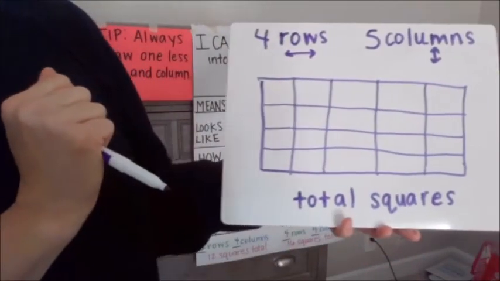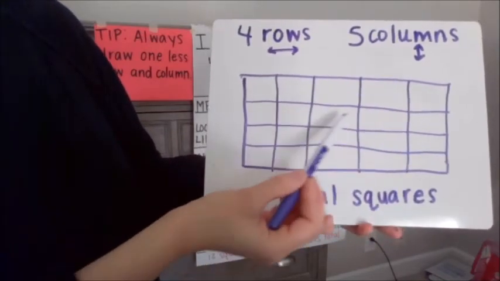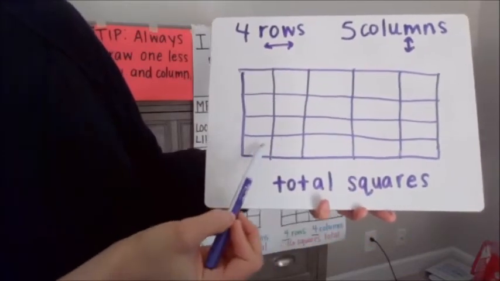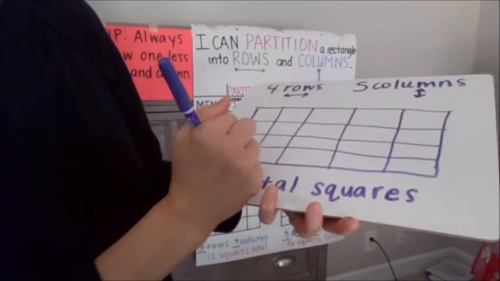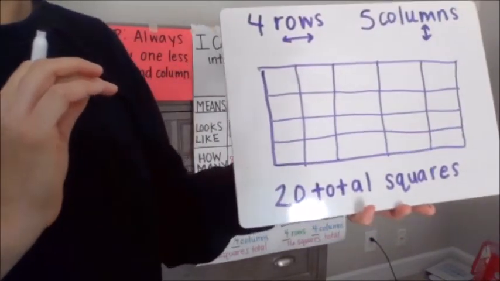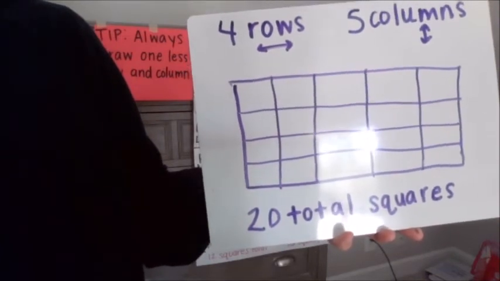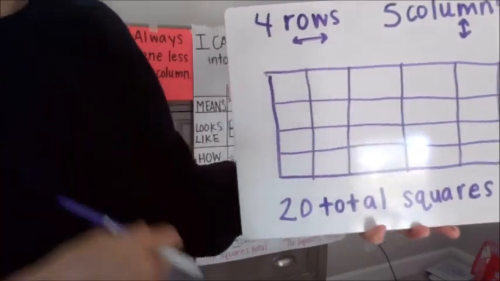Now we need to count up our total squares. 1, 2, 3, 4, 5, 6, 7, 8, 9, 10, 11, 12, 13, 14, 15, 16, 17, 18, 19, 20. So all together, we have 20 total squares. Good job, guys. All right, we're going to do one more together, and then I will send you off to complete your activity.